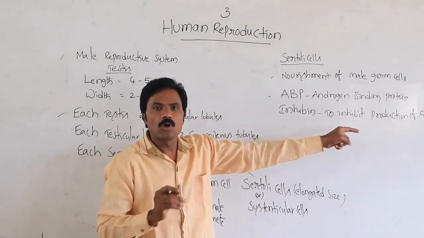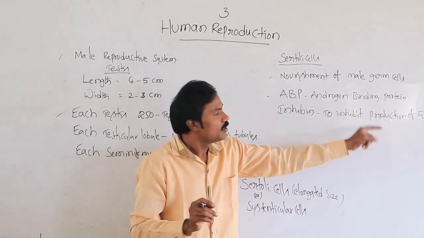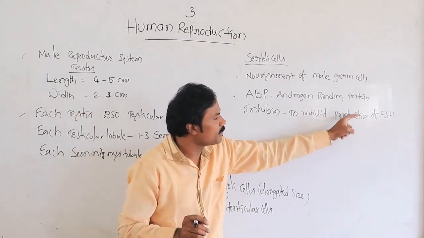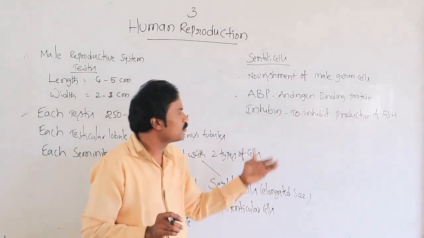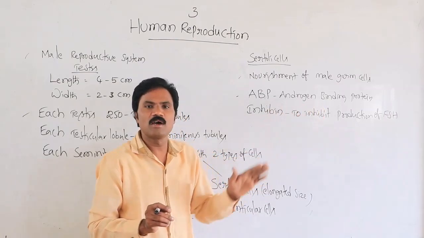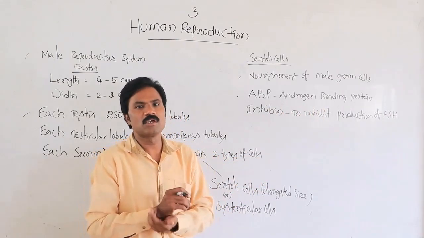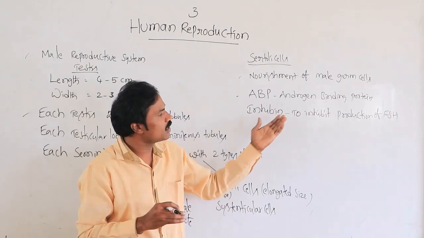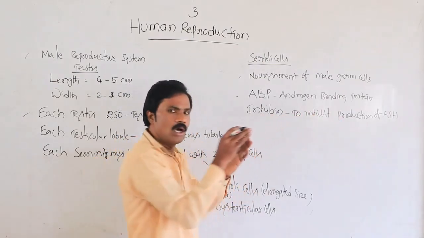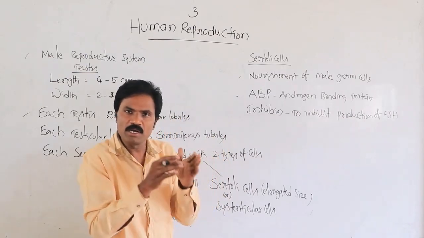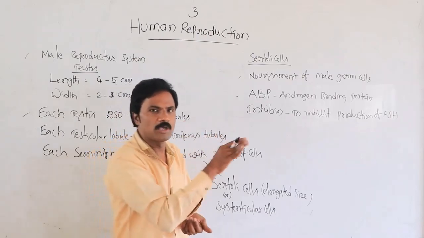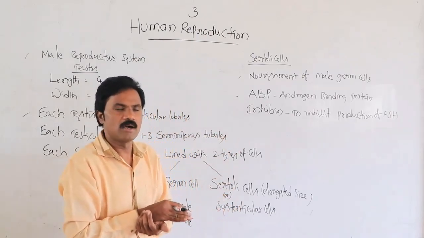Because gonadotropin releasing hormone stimulates the gonadotropins, the follicle stimulating hormone as well as luteinizing hormone. Follicle stimulating hormone is helpful for the normal production of male gametes. Only the quantity required is stimulated; the remainder is suppressed and inhibited by inhibin.